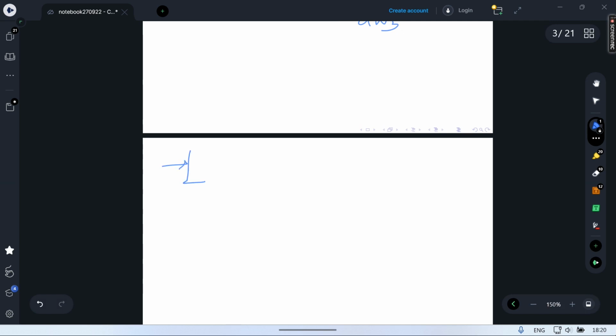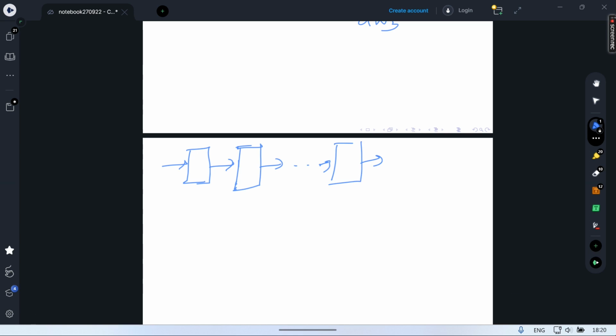This is x. Say this is S1, S2, up to Sn. All the intermediate states are named S1 to Sn.